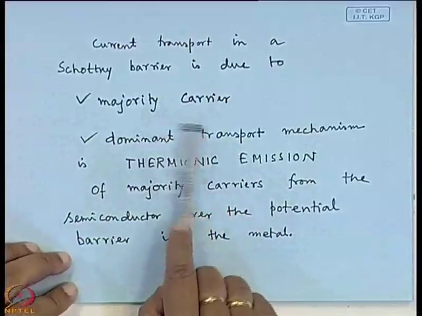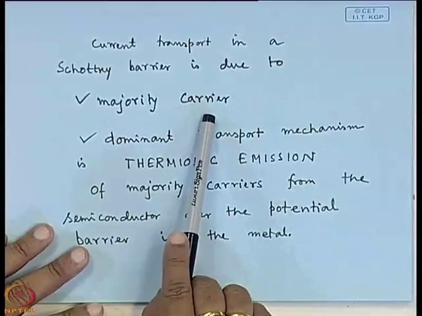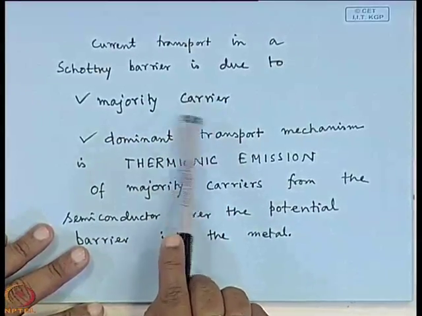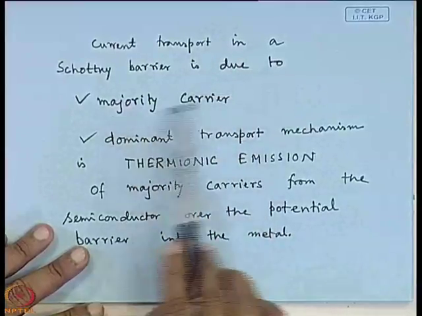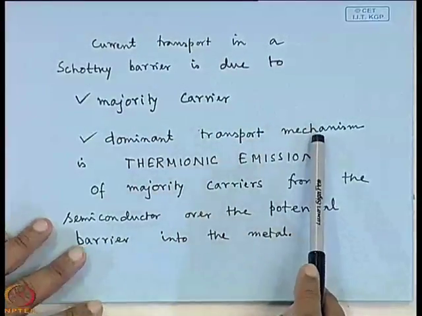Okay. So, one is the majority carrier, right, current transport is due to majority carrier, and what is the mechanism?